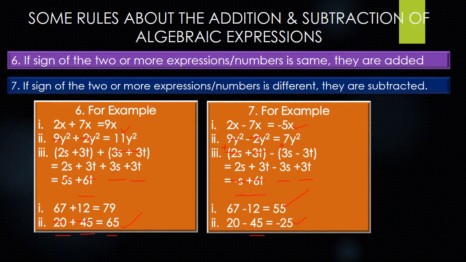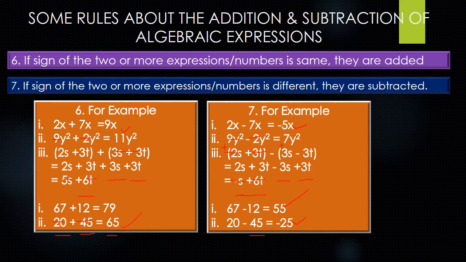So I will subtract the expression with the least coefficient from the expression with the higher coefficient. Here the higher coefficient is 7 and the least coefficient is 2. So I will subtract 2 from 7, but mind that the sign of the higher coefficient will be put.